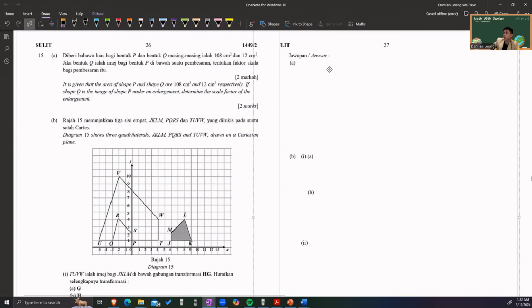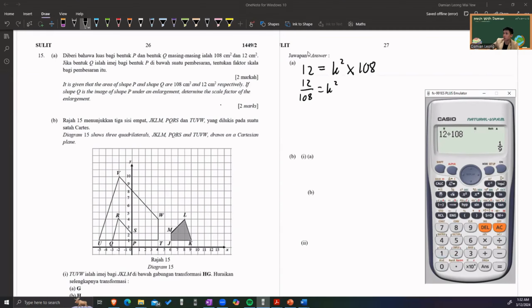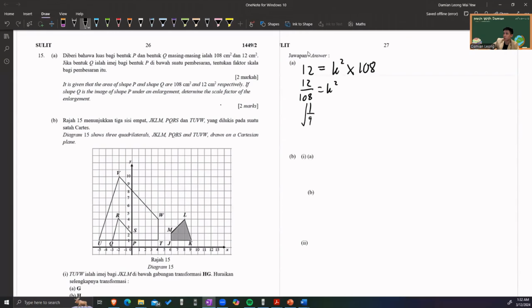Area of image, 12, equals scale factor squared times area of object, 108. So 12 over 108 is scale factor squared. 12 divided by 108 is 1 over 9. Square root, the opposite of square. The scale factor is 1 over 3.